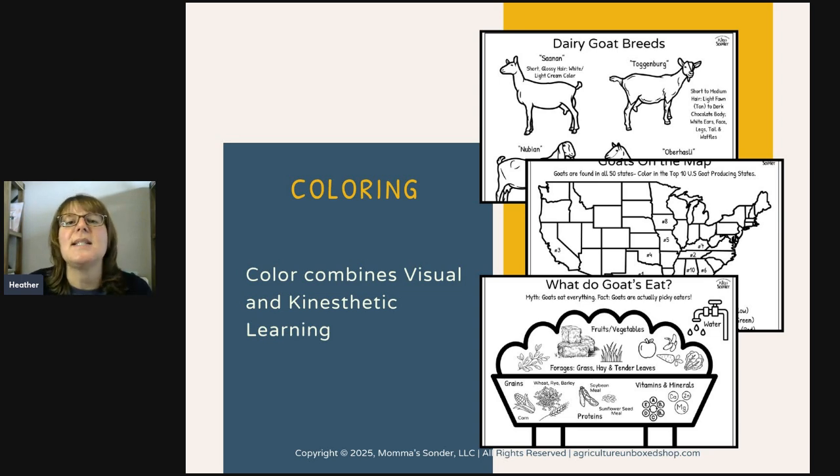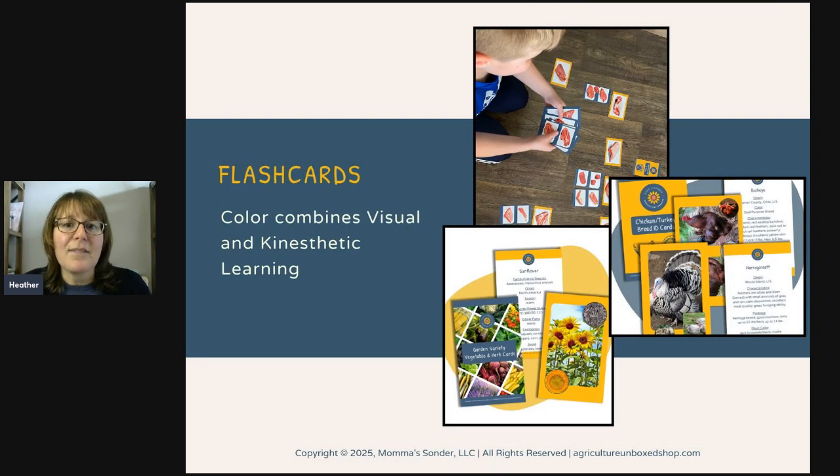So coloring sheets, drawing, drawing the model, those are all part of visual and kinesthetic learning, because you are visually seeing things come alive and you're working through that and coloring them tactilely.